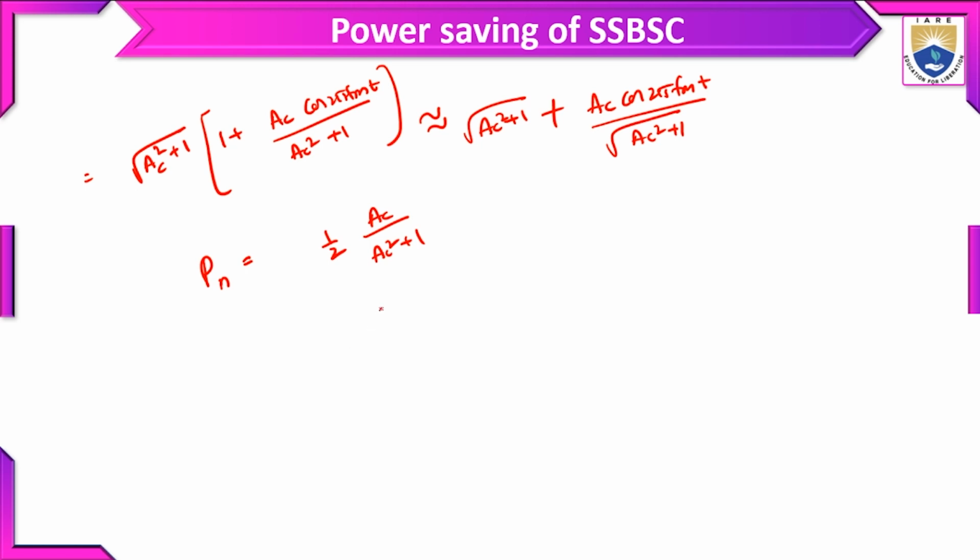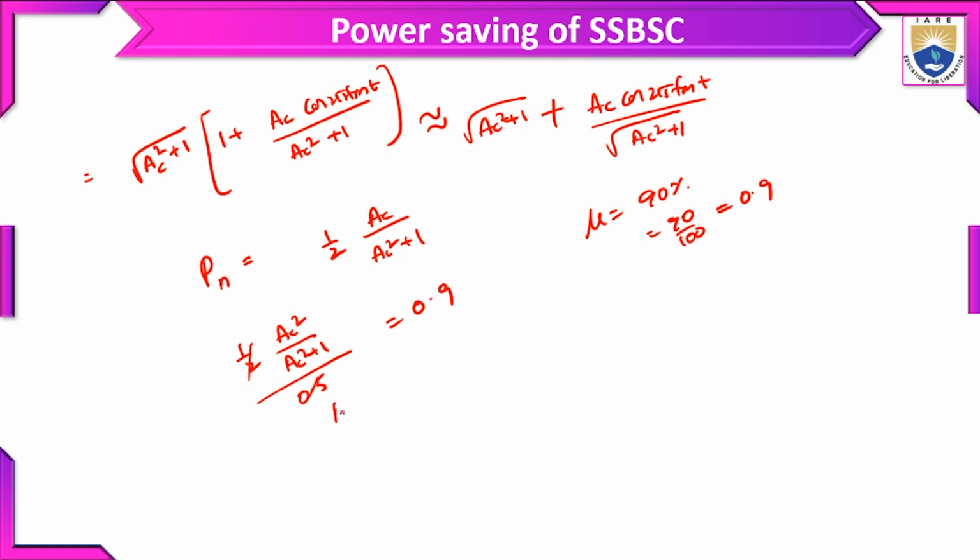So in order that the recovered signal at the demodulated output is 90%, my mu is equal to 90%, 90 by 100 is 0.9. So 1 by 2 AC square divided by AC square plus 1, divided by 0.5, is equal to 0.9. So this 2 cancels. So AC square by AC square plus 1 is equal to 0.9.